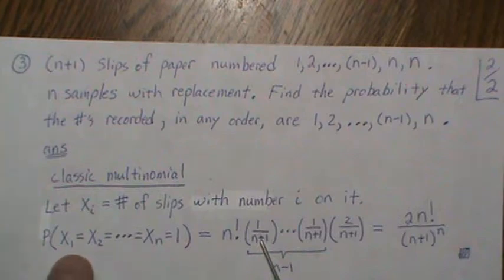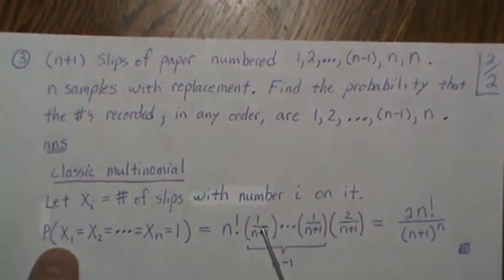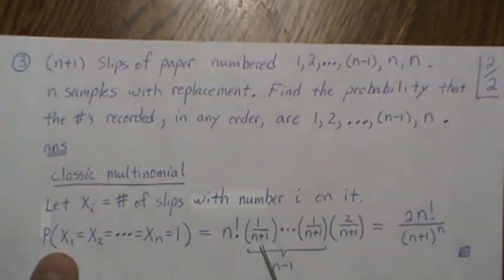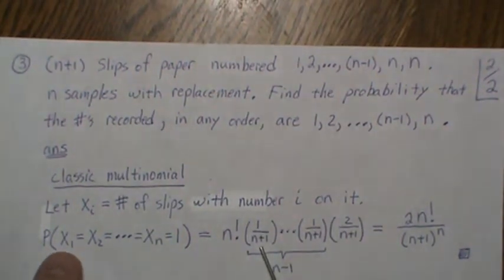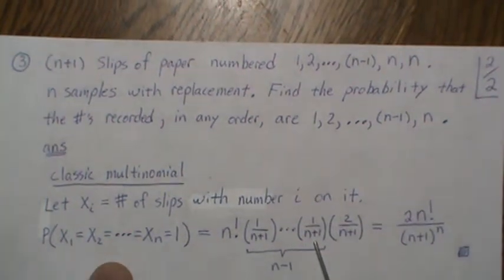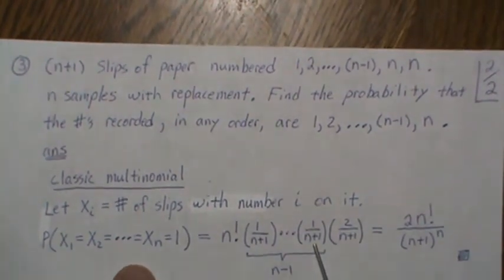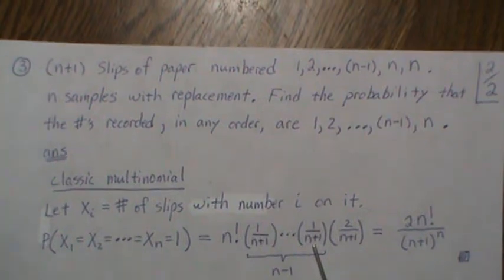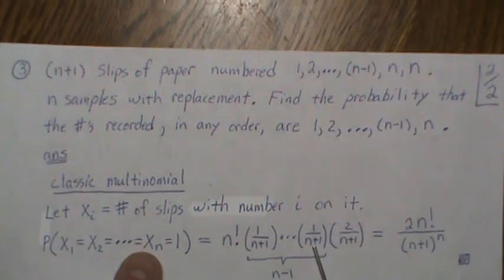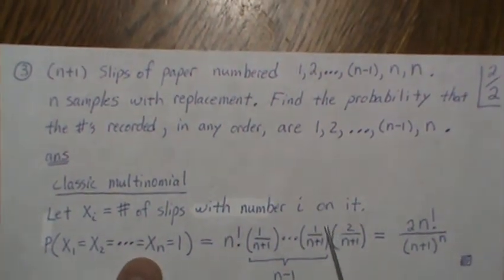Now the probability that the slip of paper has a 1 on it is 1 over n plus 1. And we want one of them, so it's raised to the 1. And this is the case for all up to n minus 1. The probability that we draw a slip of paper with n minus 1 is 1 over n plus 1, and we only want one of them, so it's a 1.